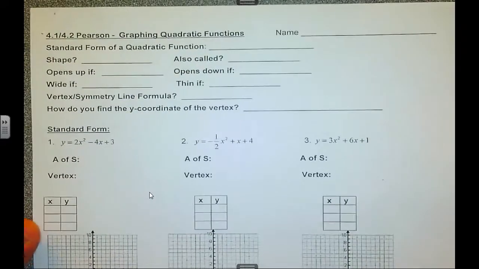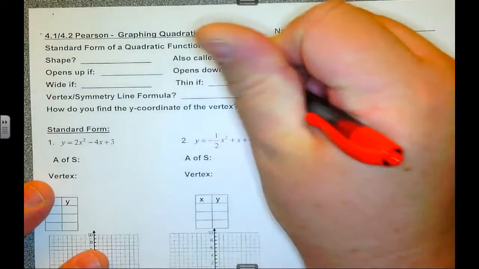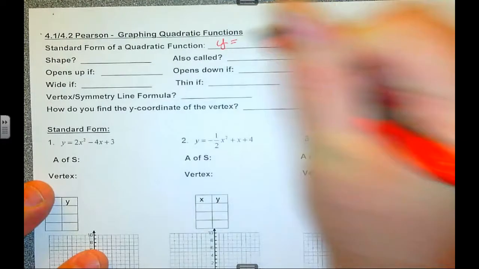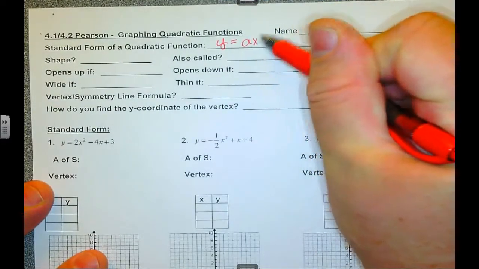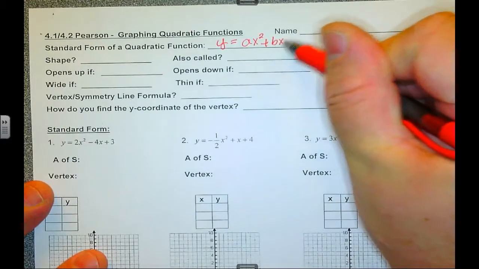All right, quadratic functions. What do I mean by quadratic function? It's a squared term, right? The standard form for a quadratic function is y equals ax squared plus bx plus c.